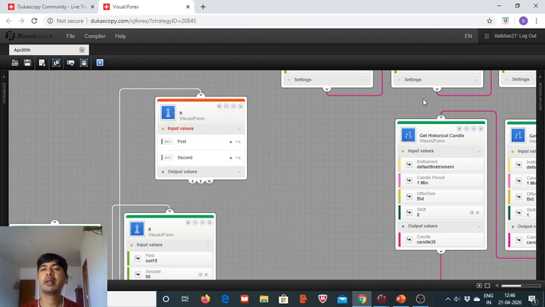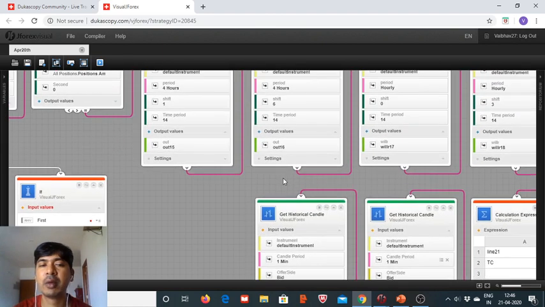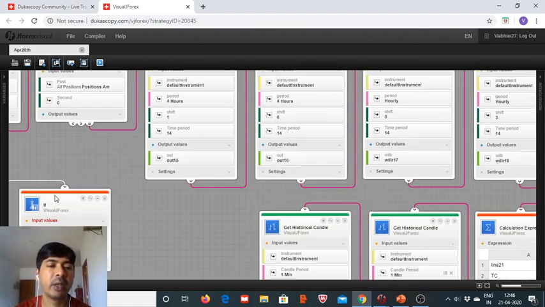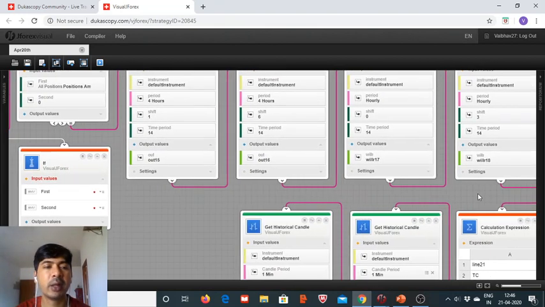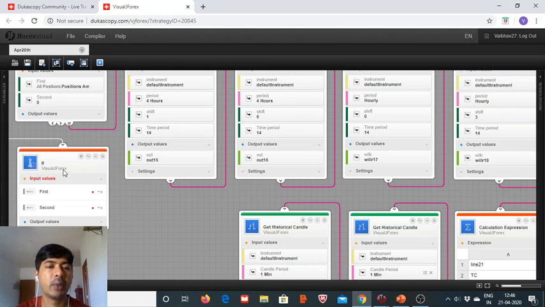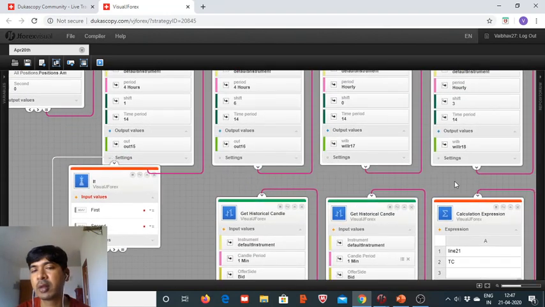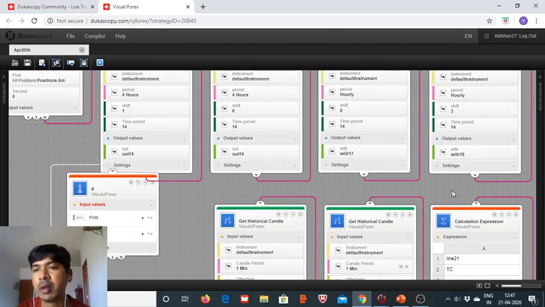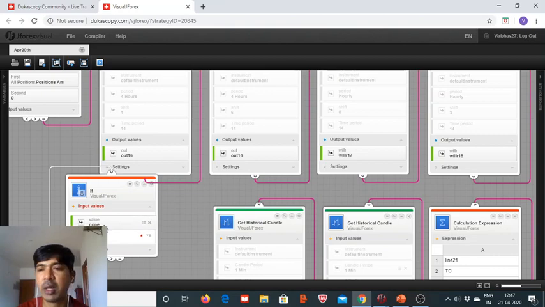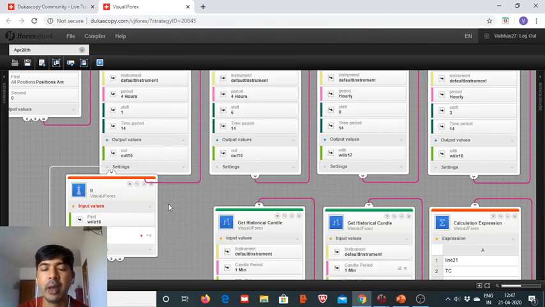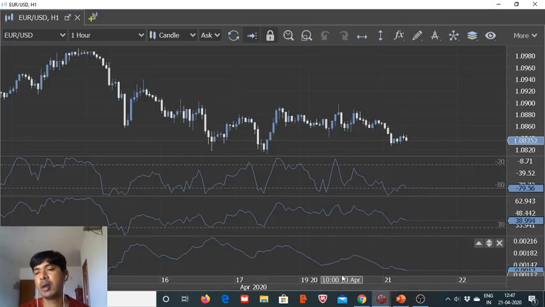Now second thing we do is we check for the Williams R values, and for that we need the Williams R of last couple of hours, and here we are going to check the 3 hours back time frame, and we bring in Williams R 18 and it should be below minus 80.